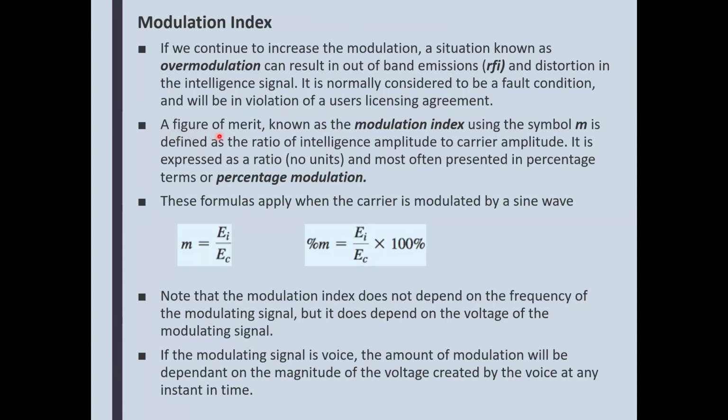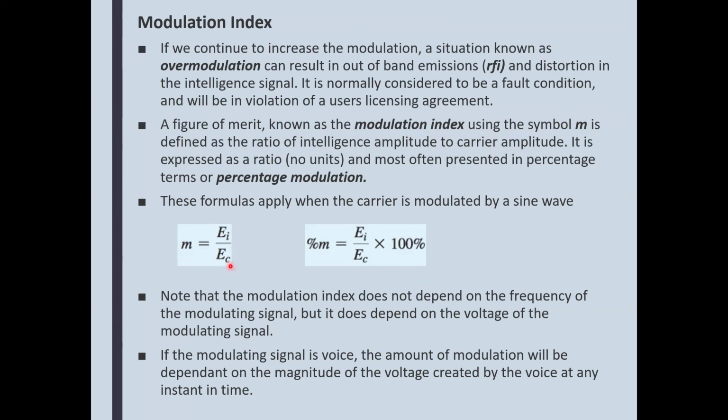A figure of merit, known as the modulation index, using the symbol M, here's a formula for you to put on your sheet, is defined as the ratio of the intelligence amplitude to the carrier amplitude. So here's the amplitude of the intelligence signal divided by the amplitude of the carrier signal.